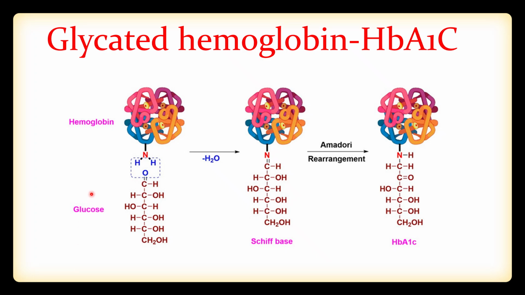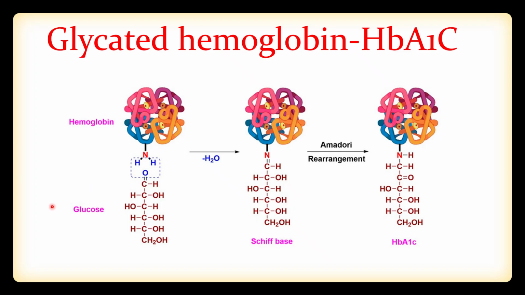In this slide, we are going to see how glycated hemoglobin is formed. This is hemoglobin and this is the glucose molecule. The glucose molecule combines with the N-terminal amino group of the hemoglobin and forms the Schiff base. This is a temporary base and it undergoes a rearrangement called Amadori rearrangement and forms a stable ketoamine called HbA1c.